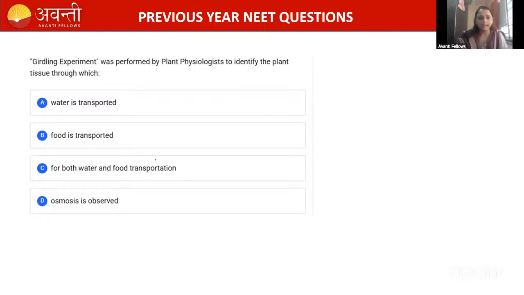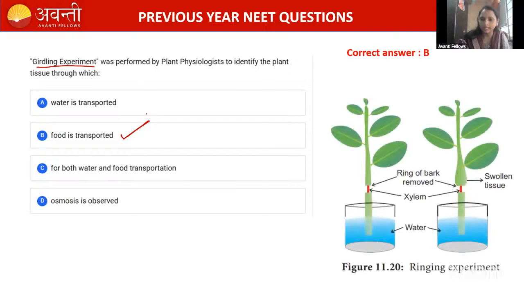See here, guys. The girdling experiment is mainly performed to show how food is transported. In the girdling experiment they removed the bark. In the center you can see there is a tree. They removed the outer part, the secondary phloem and the bark, and then observed that food accumulated here, and the root started to die because food was not transported to the root.